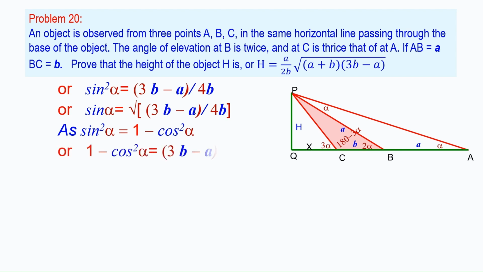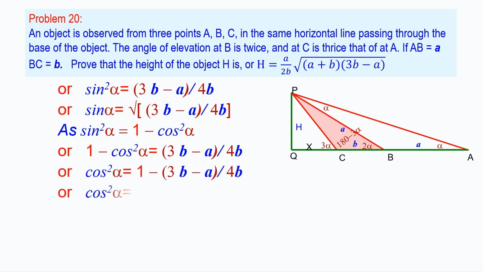Remember the Pythagoras identity, that is, the square of sine alpha plus the square of cosine of alpha equals 1. We can calculate the square of cosine of alpha as b plus a divided by 4 times b.